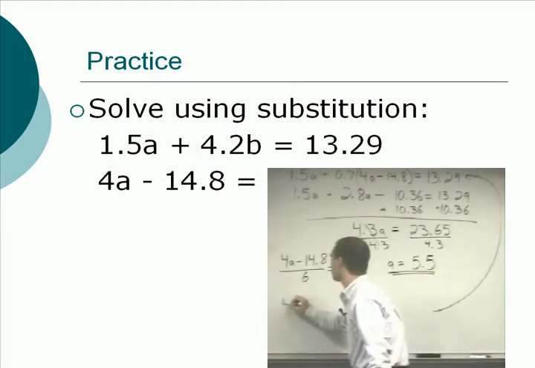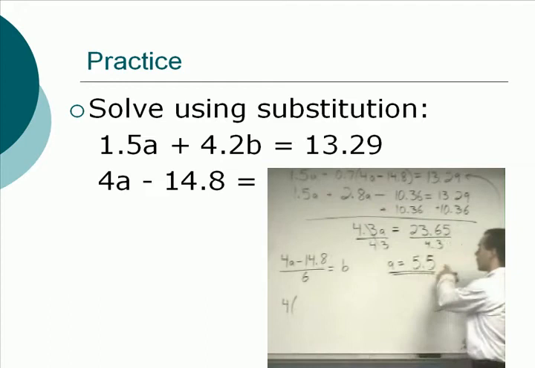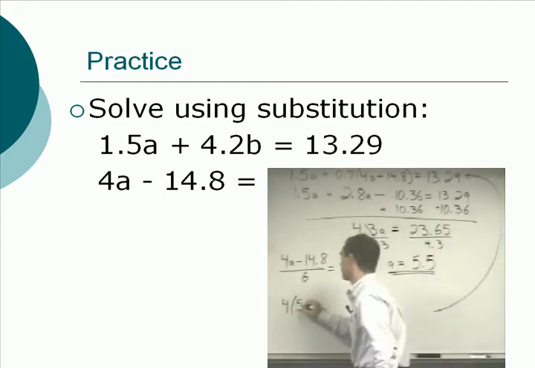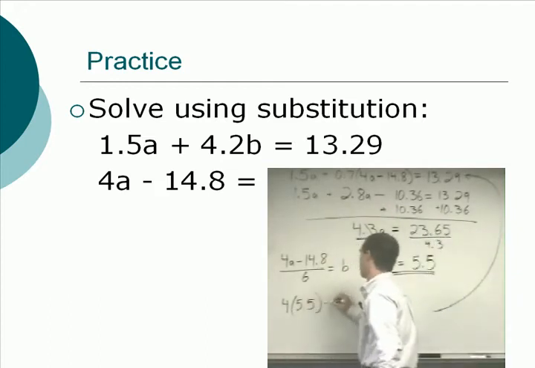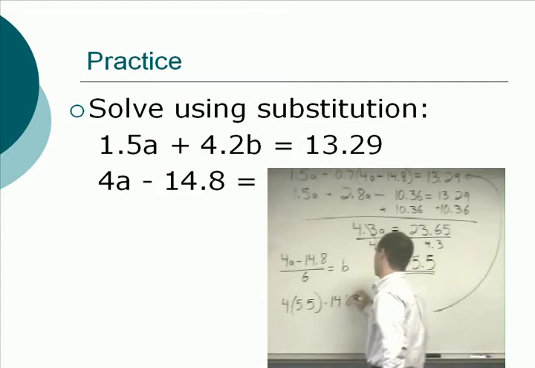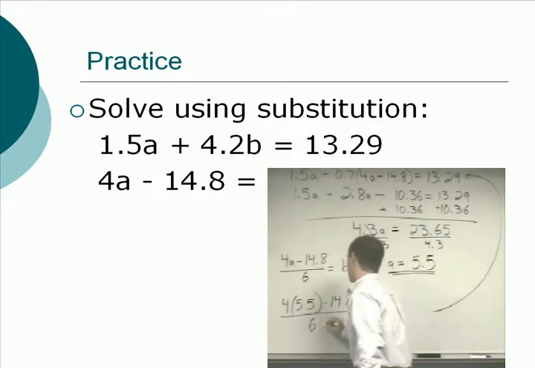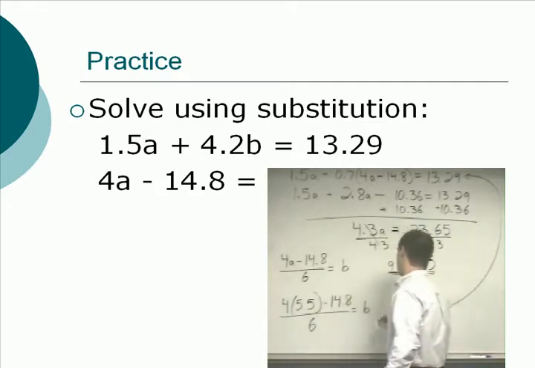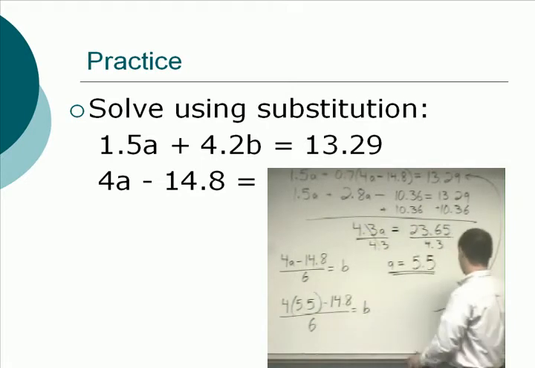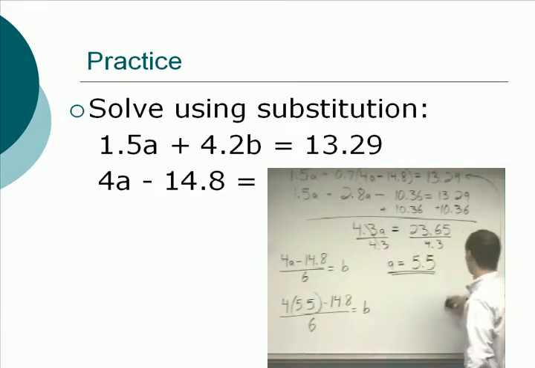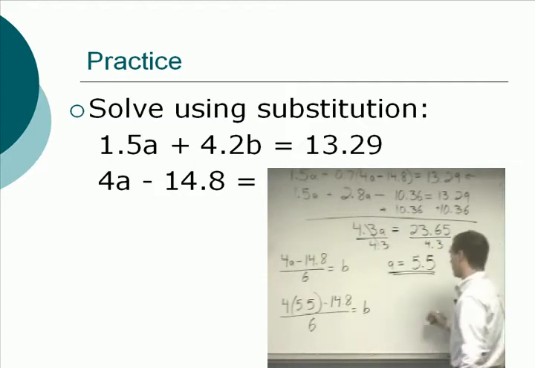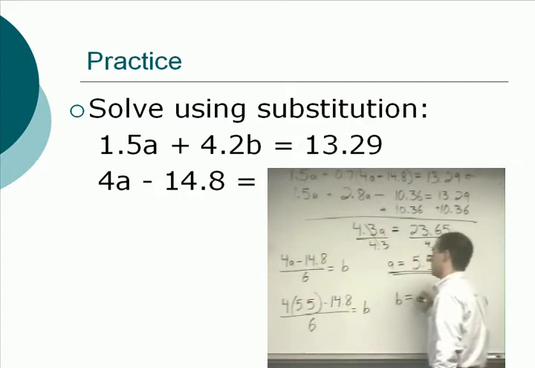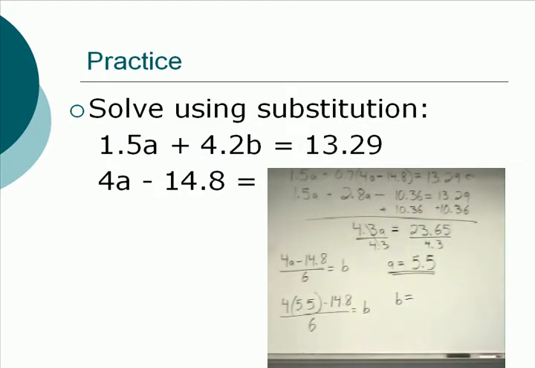So 4 times a, which we now know to be 5.5, minus 14.8 divided by 6 turns out to be 1.2.